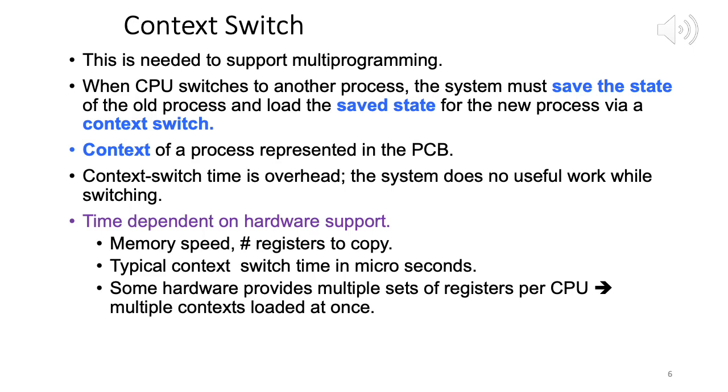So because they alternate between CPU and IO activities, when a process is in an IO cycle, it makes sense to give the CPU to some other process. So the 2-3 seconds or 2-3 minutes it takes to do IO of process 1, in that same time we can go ahead and give the CPU to some other process.